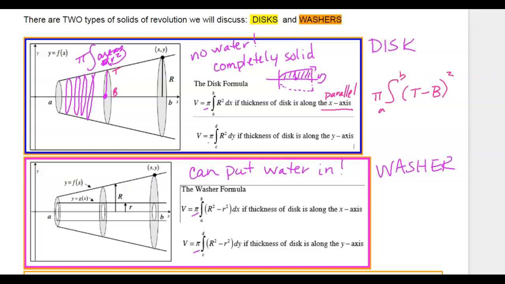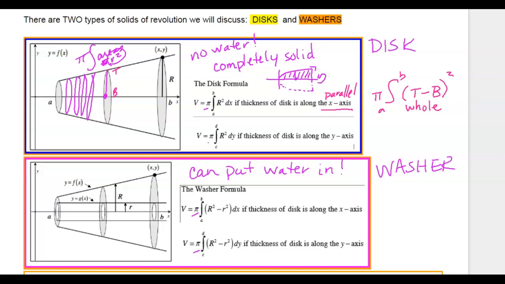But not top minus bottom of the whole shape. It's top minus bottom of the radius, okay? So I think of this as, let's call this whole. You'll see in a second.